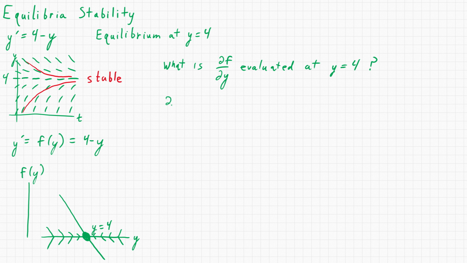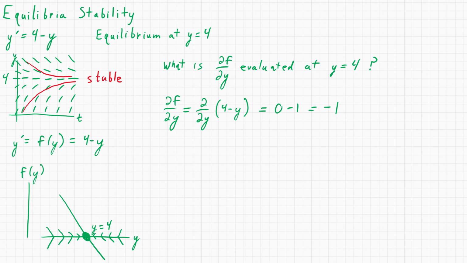So if we take partial f, partial y, well, that's partial y of 4 minus y, since f of y is 4 minus y. Well, if we compute that, the partial derivative of 4 with respect to y is 0, and the partial derivative of y with respect to y is 1. So then we just get 0 minus 1.